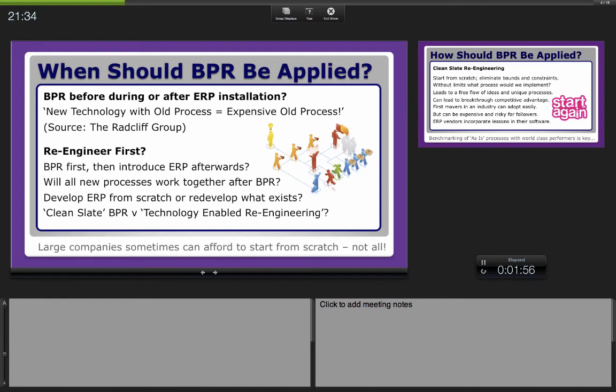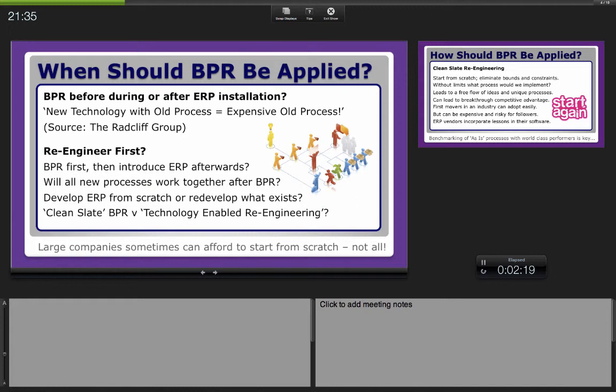When should BPR be applied? Well, one thing that is not beneficial is to take an old process and apply technology to it, because what you end up with then is an expensive old process. You also need to think about whether you should re-engineer processes first and then introduce ERP afterwards.